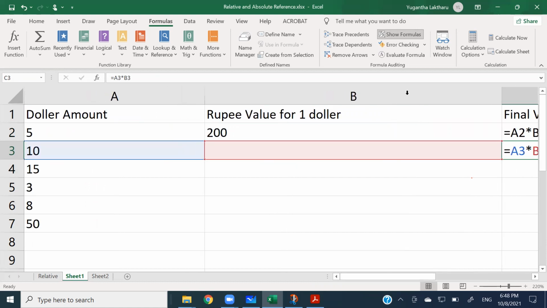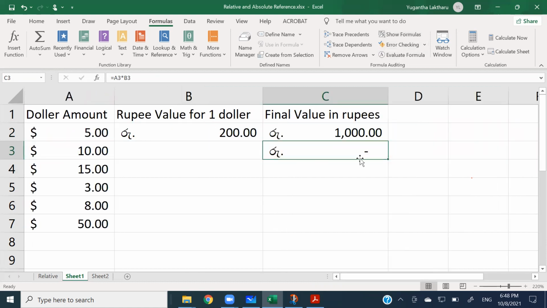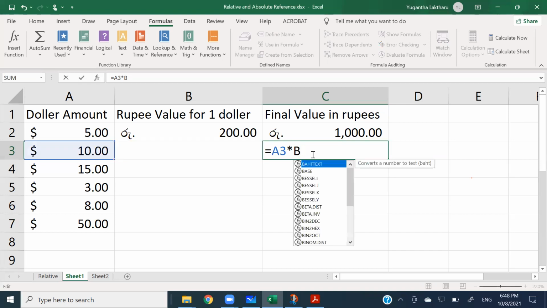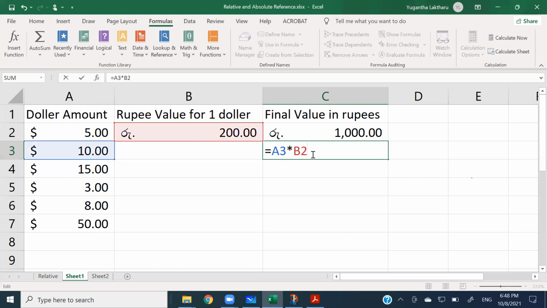But the problem is we are not getting the answer that we want. So according to our requirement, what should be the formula in here? It should be equals A3 into B2. The dollar amount should be multiplied by the value of $1, so it is there on the B2 cell.